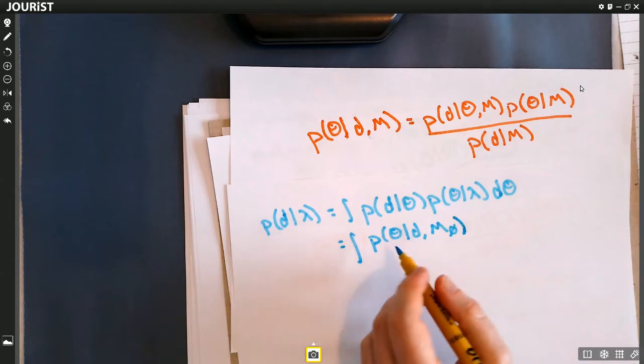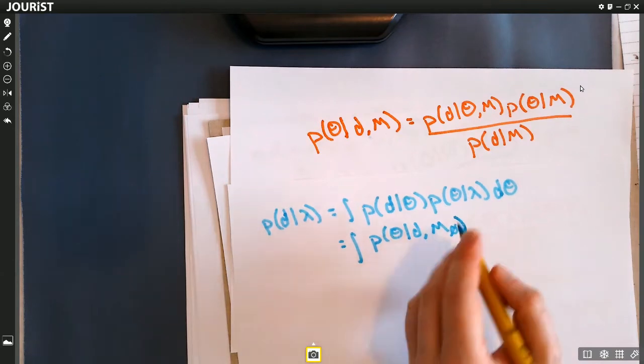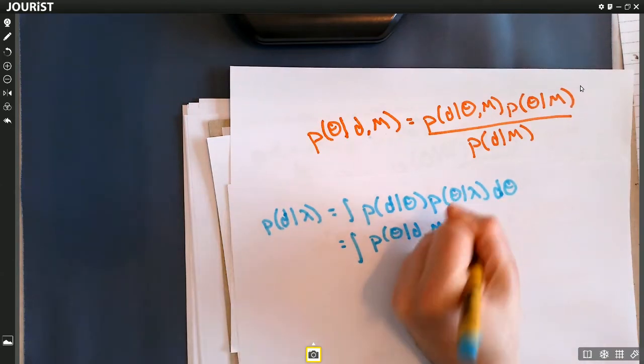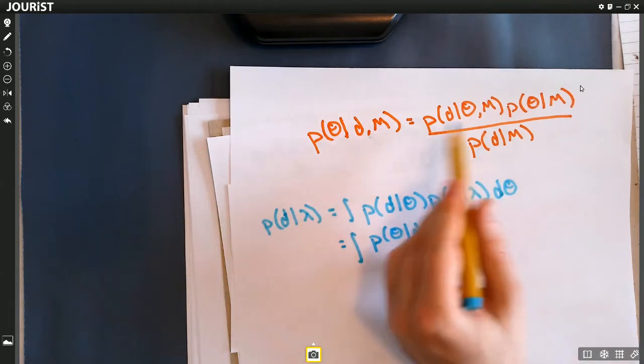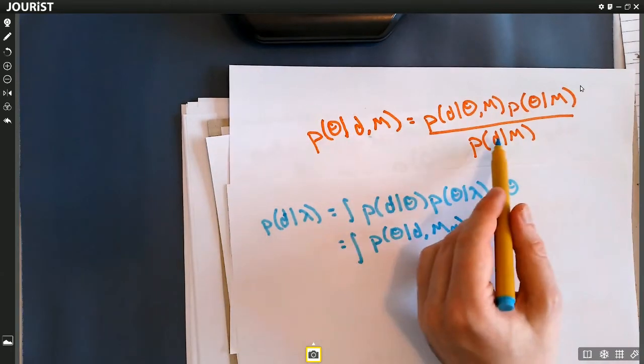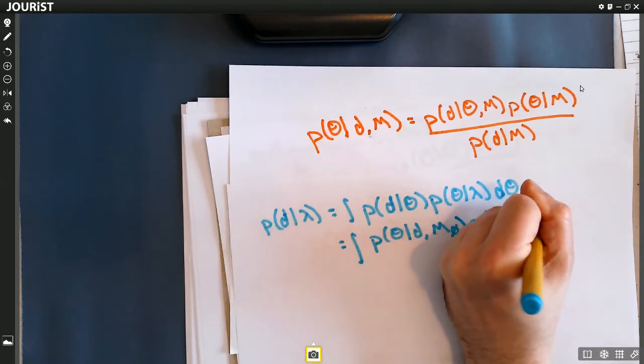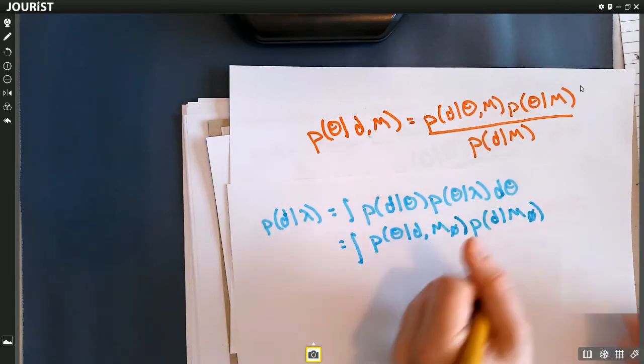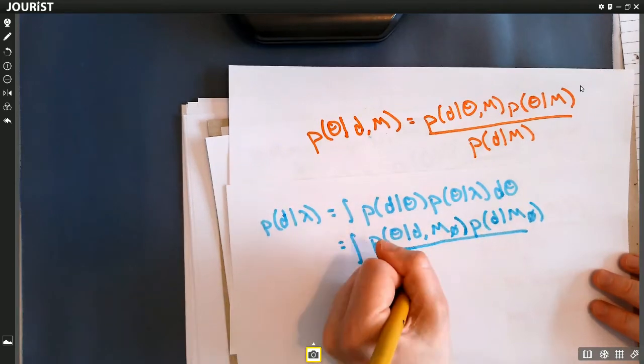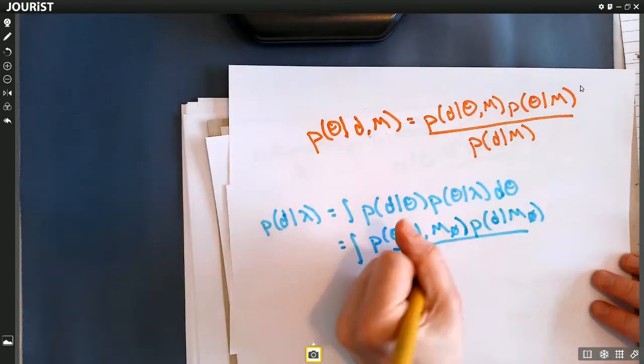So P of theta given d and our default prior, multiplied up by the evidence, so P of d given our default model, and then normalized by our default prior.